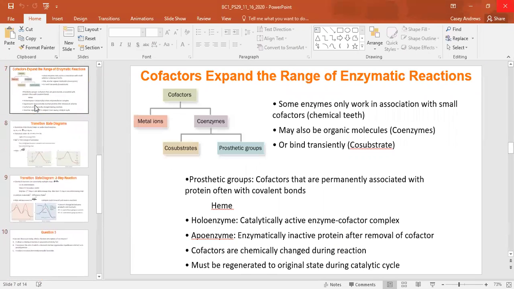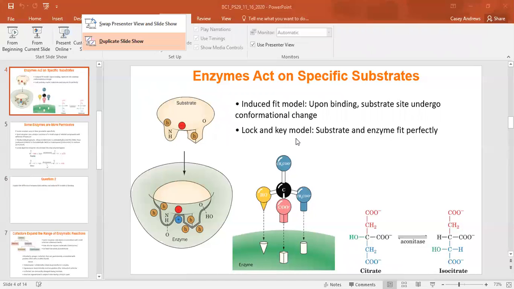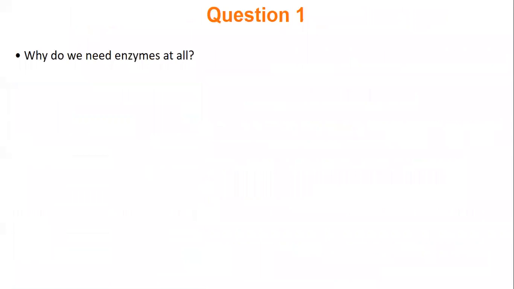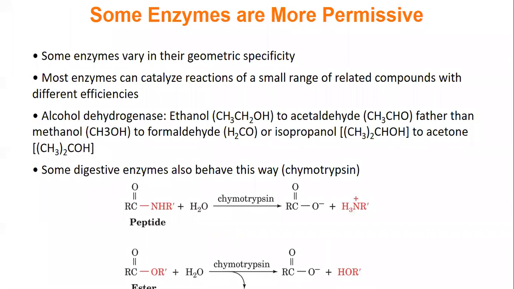So just as a reminder of what we were talking about, we were looking at enzymes on Monday. We looked at the different classes. We talked about induced fit, where when the substrate binds, the enzyme changes, versus lock and key, where it's already a perfect match.